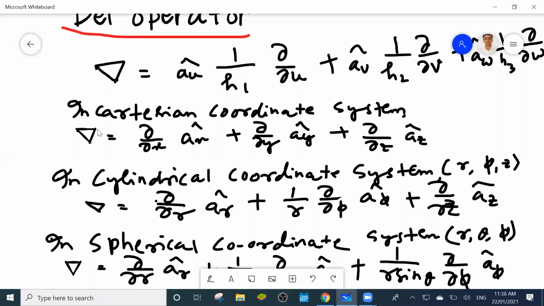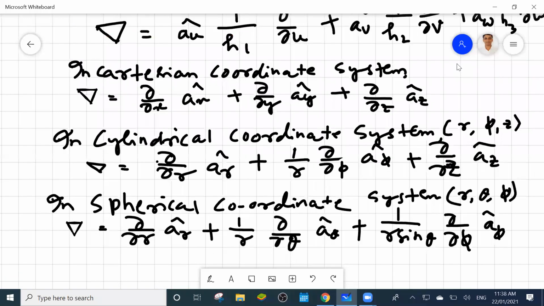So is del V a vector quantity or scalar quantity? Because the unit vectors are on the right hand side.